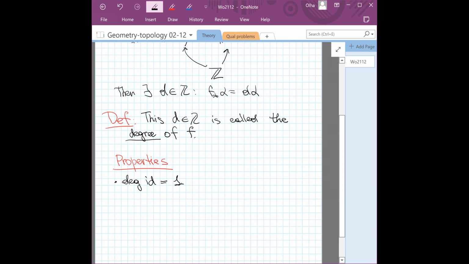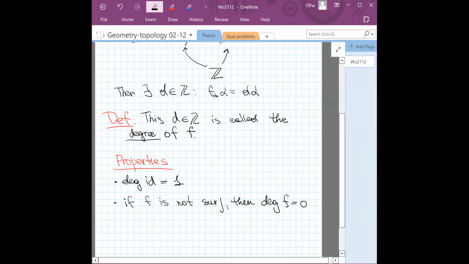Its degree is going to be 1, just because if F is the identity, then F star is also the identity operator, so d is equal to 1. Then, a nice thing is that if F is not surjective, then the degree of F is going to be equal to 0.